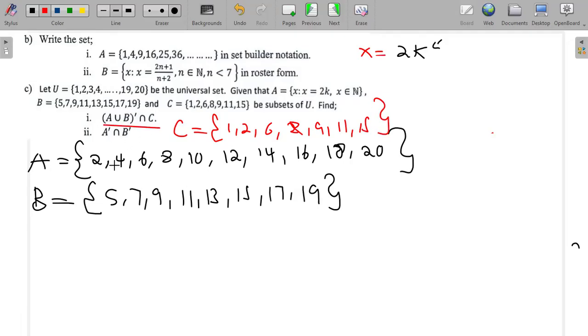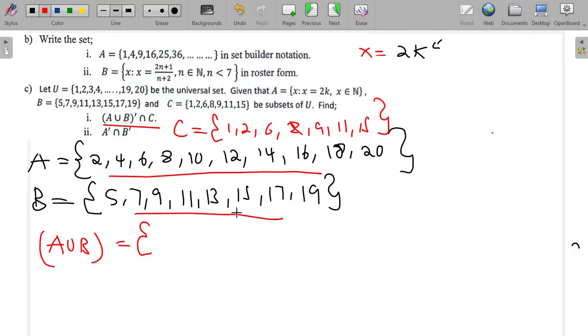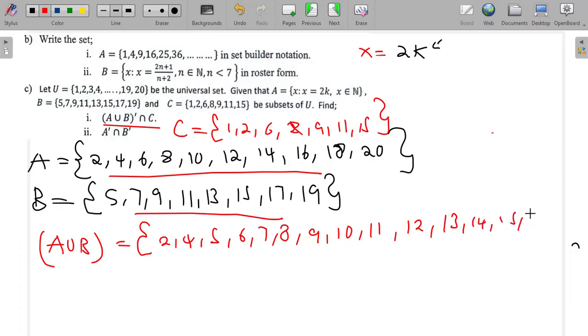So the first thing I want to find is (A union B) complement intersection C. First of all, to find (A union B) complement, we have to find A union B. So I'm just combining all the elements in A and all the elements in B without repeating any. So I get 2, 4, 5, 6, 7, 8, 9, 10, 11, 12, 13, 14, 15, 16, 17, 18, 19, 20.